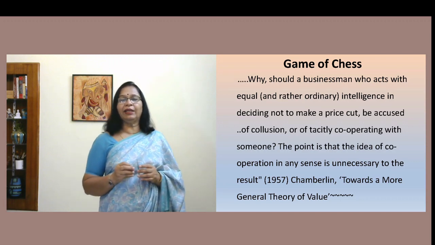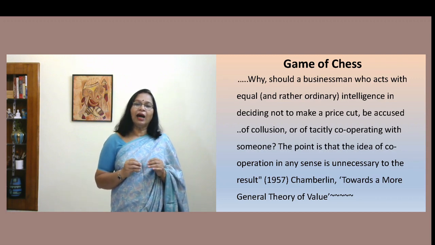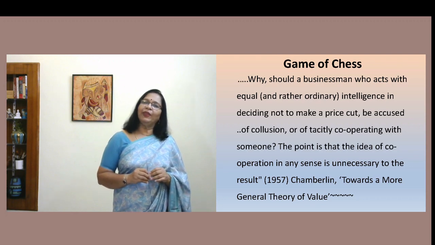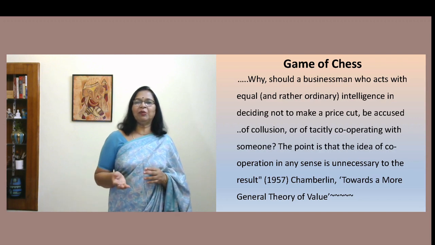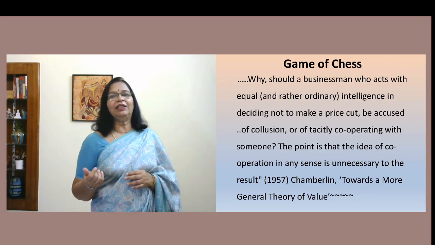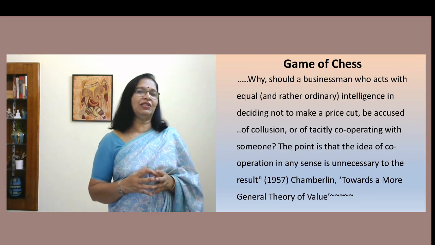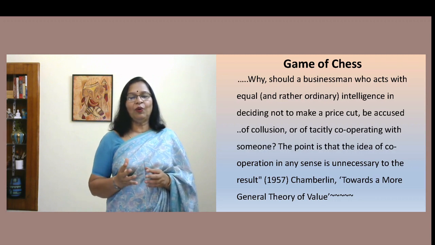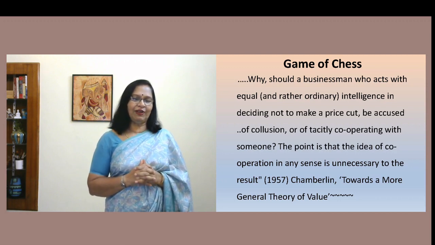The point is that the idea of cooperation in any sense is unnecessary to the result. So even without collusion, they can attain the stable equilibrium, and he extends it to the game of chess, though in chess we know that one of them finally loses the game. So we will have to wait and see how this industry really works out. And this appeared in one of his writings, Towards a More General Theory of Value, written in 1957.